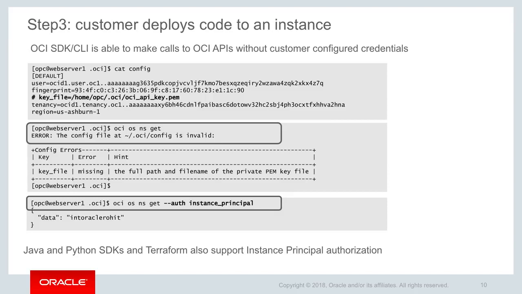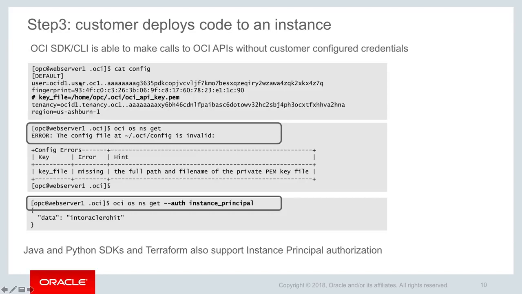So on Web Server 1, if you go to the terminal and try to access the object storage without using the instance principal authentication parameter through the command line, my access will be denied. First, it will be denied because I didn't pass the instance principal authentication, and second, because I don't have access to the API signing key for that user.